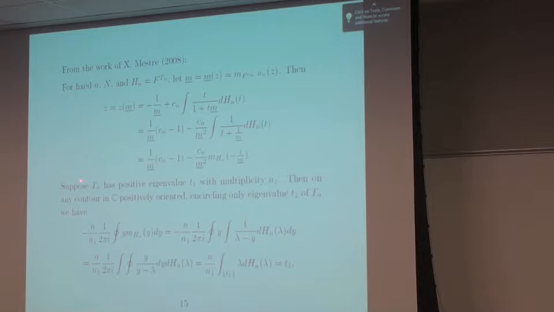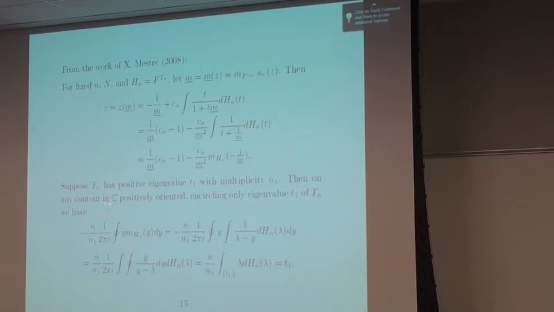Something else: suppose that Tn has a positive eigenvalue t1 with multiplicity n1. We can get what n1 is if there's separation from a realization, by looking at one hump there. Like for eigenvalue 3, we counted 80, so we would know its multiplicity.